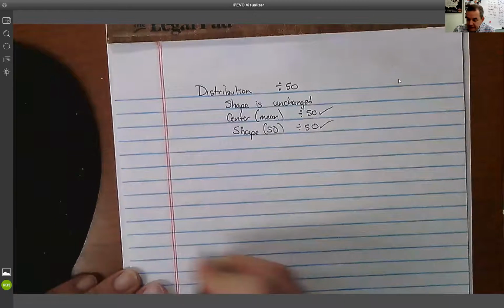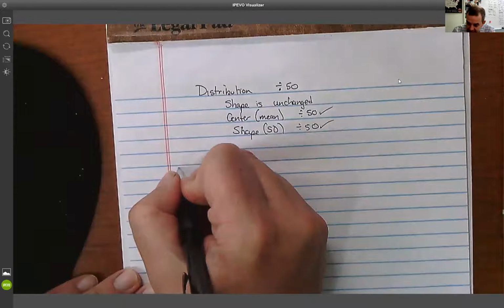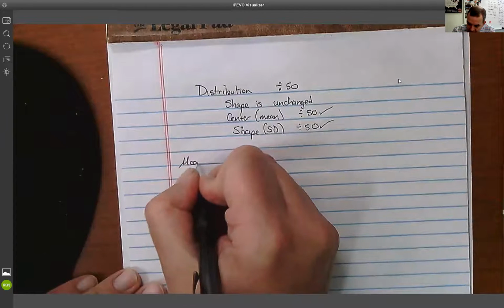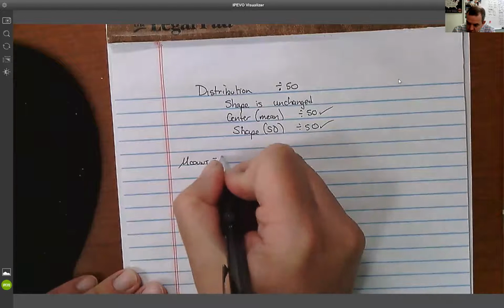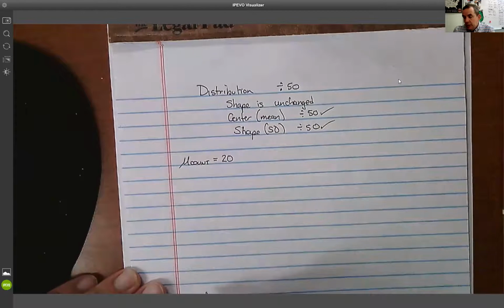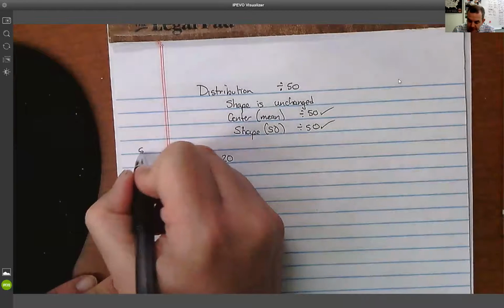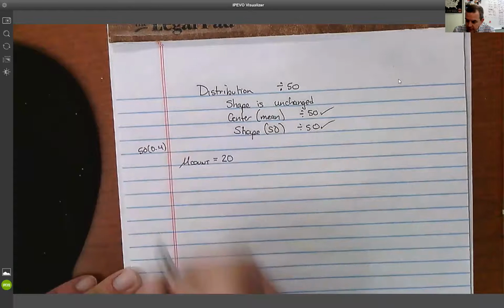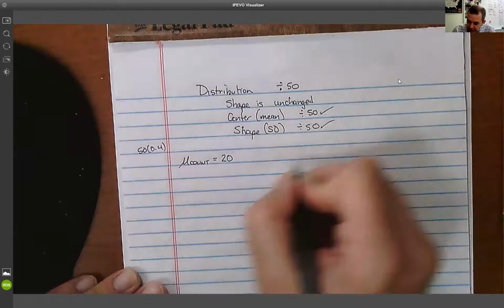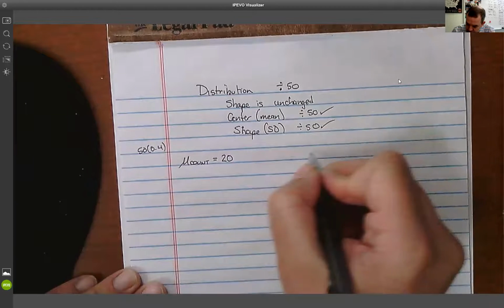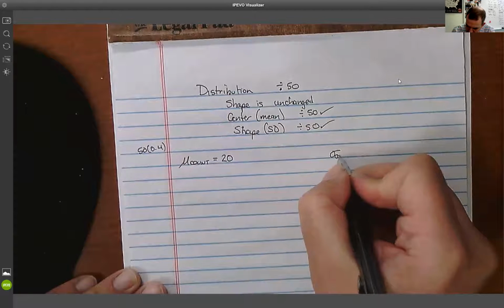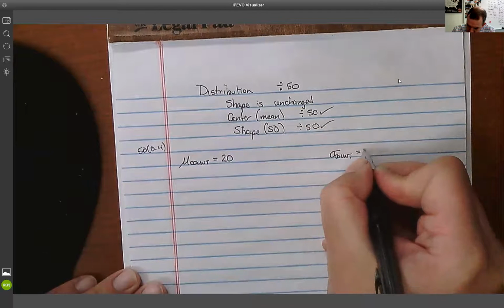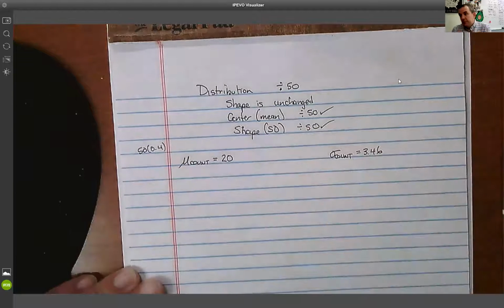So what I'm saying is that my original mean, when I'm talking about my count, was 20. It was that 50 times 0.4. My original standard deviation of the count was 3.46.